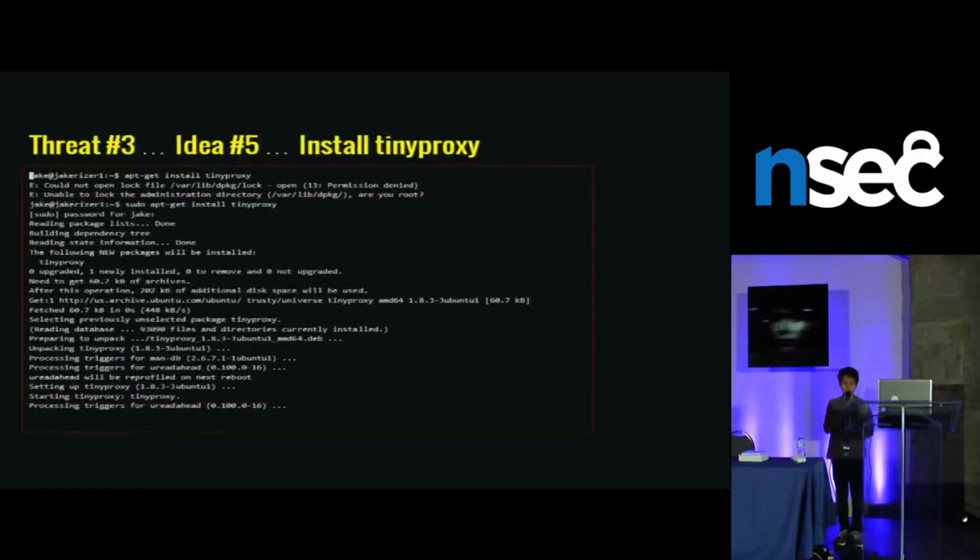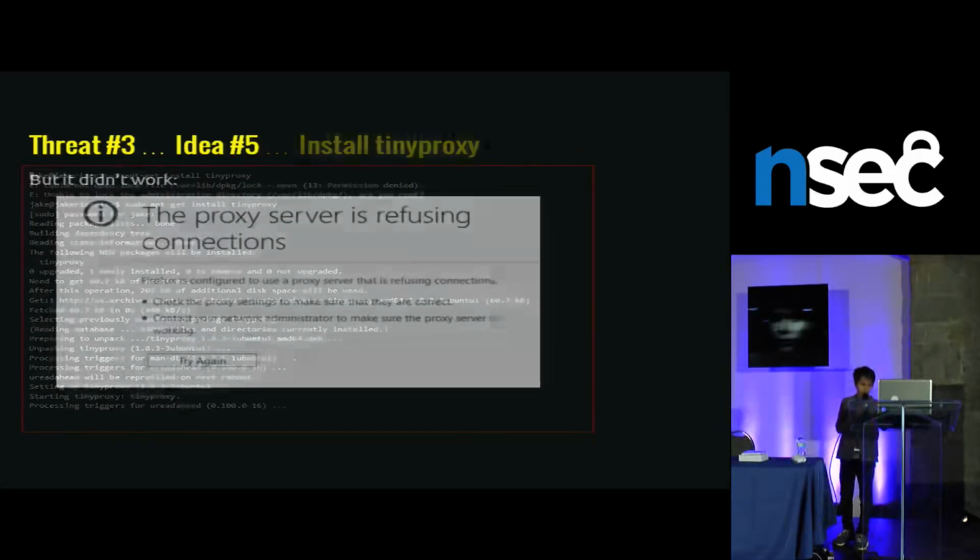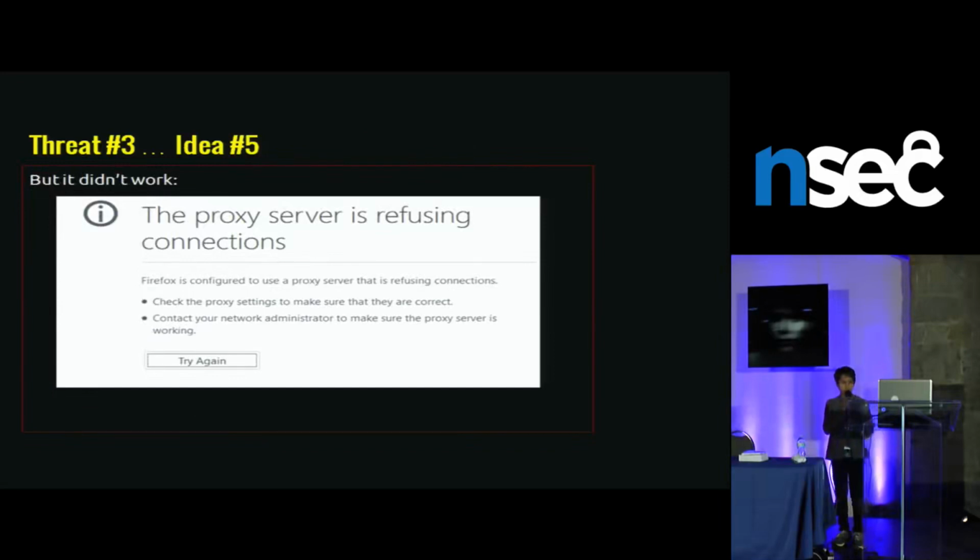So I decided to use Tinyproxy because it's small, fast, and light, so it runs on my tiny little $15 for life cloud server. And it's already in the Ubuntu repository, so installing it is fairly simple. And installing it was uneventful other than forgetting to type sudo the first time. But it didn't work. My proxy server was refusing connections.